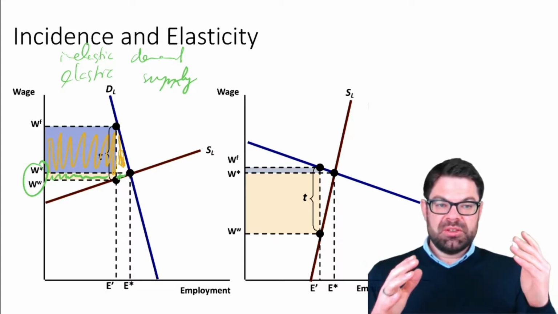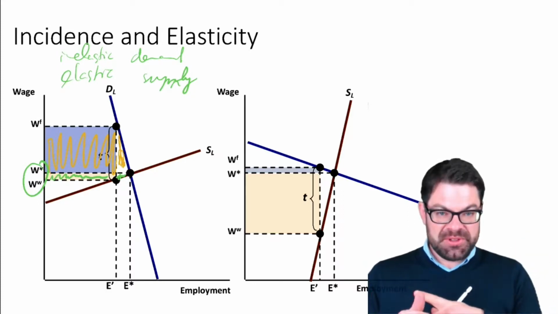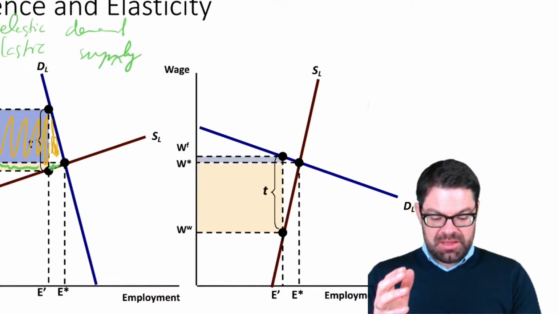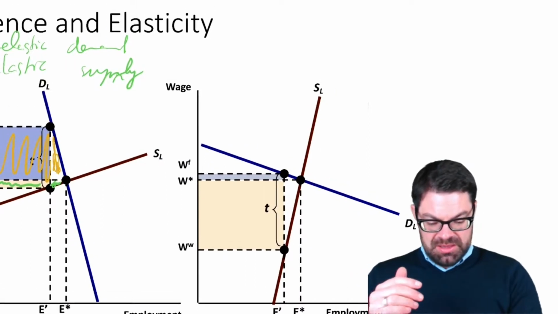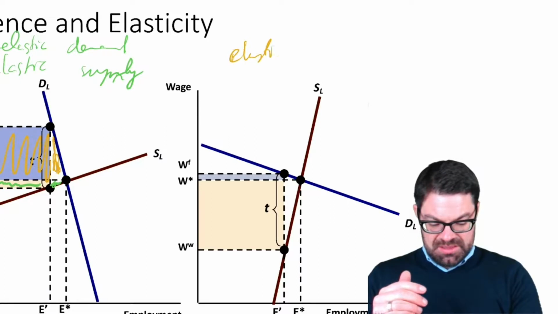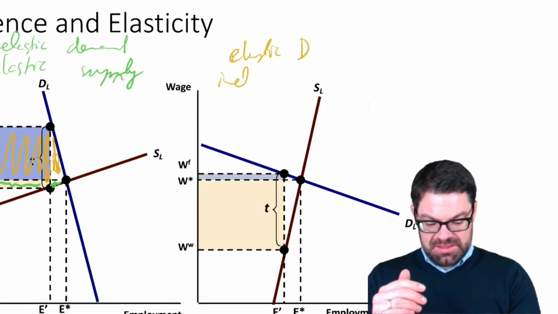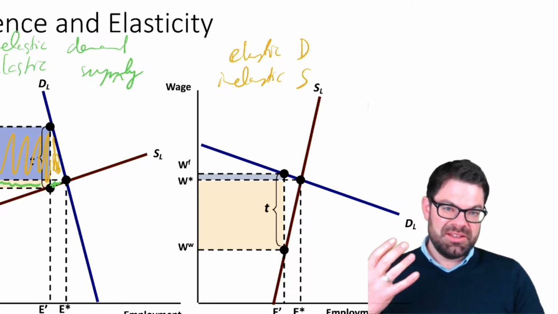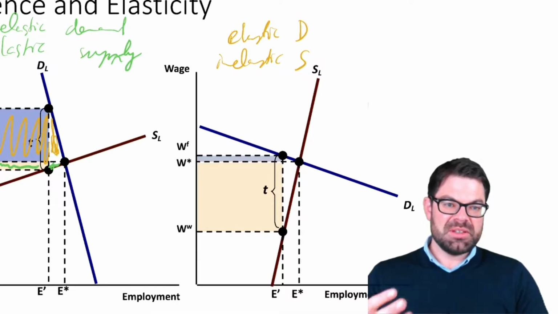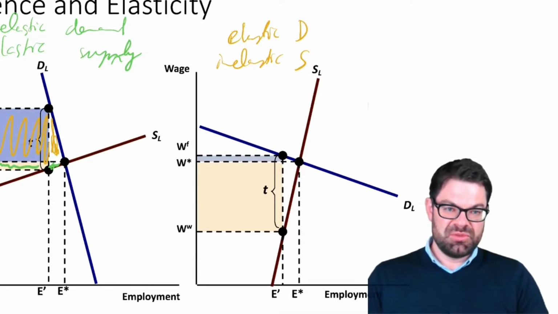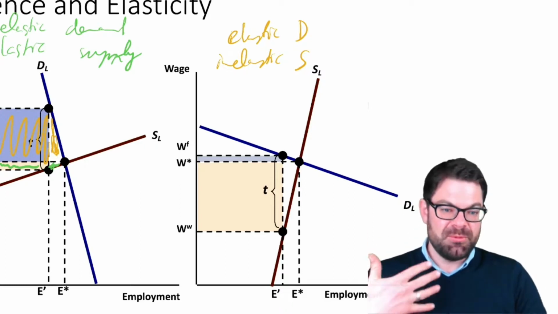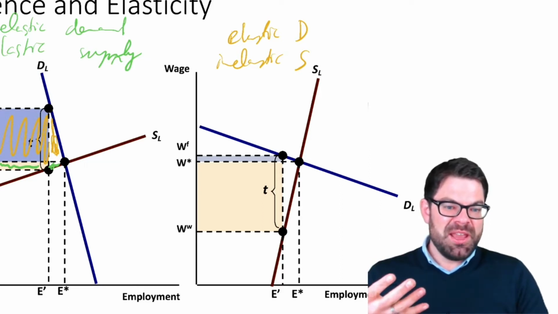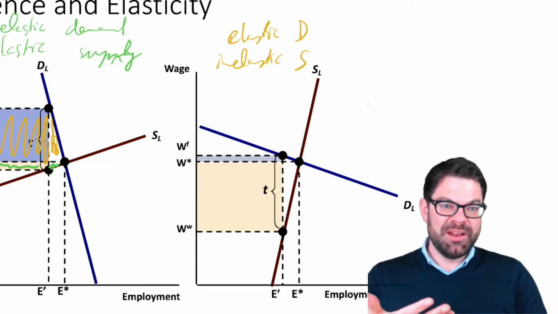Now, in the picture on the right, we have a different scenario. Now we are in a world where we have elastic demand and inelastic supply. Here it's very hard for workers to move away or do anything if wages change. No matter what the wage is, there will always be a lot of workers who are willing to work.